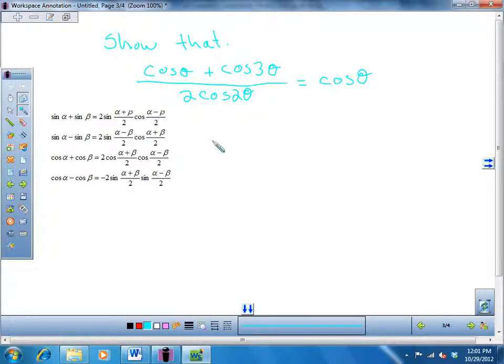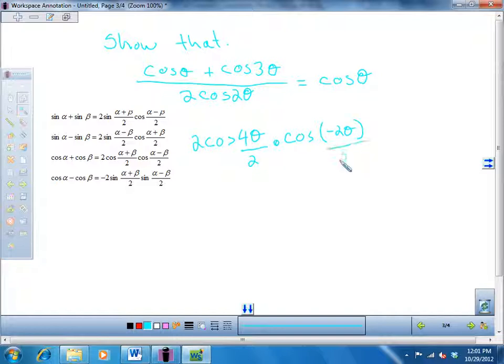So when I rewrite this, I have 2 cosine of (A plus B)/2, which is what? What's theta plus 3 theta? 4 theta divided by 2, right? Times cosine of (theta minus 3 theta)/2, minus 2 theta divided by 2.